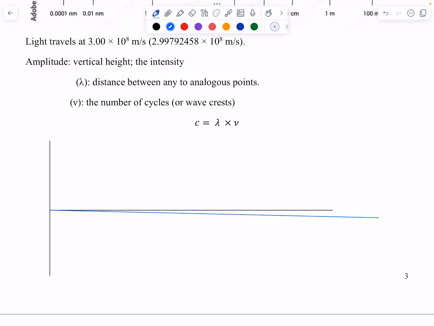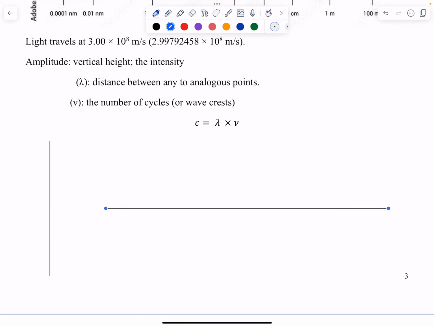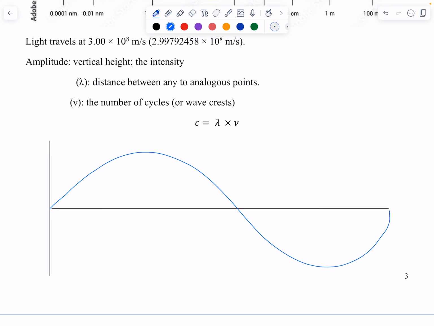Oh, wow, that was not supposed to happen. Let's make this a little longer. All right, let's try that again. Wave goes up and down. And now it keeps on going. It should keep on going and keeps going.